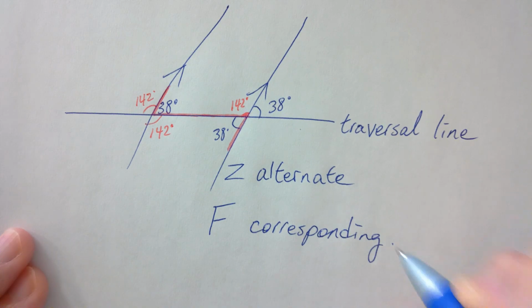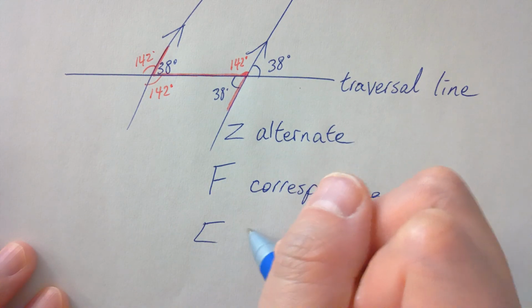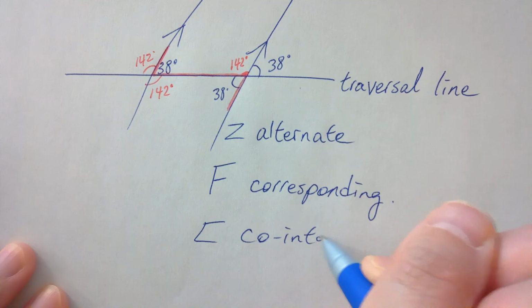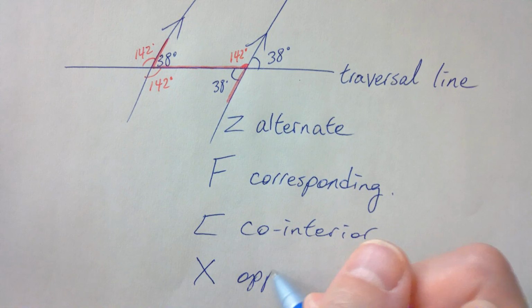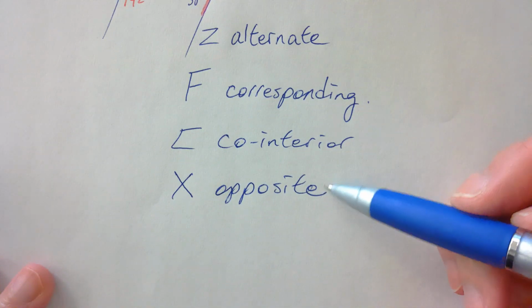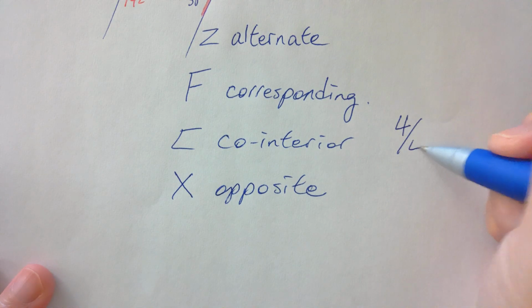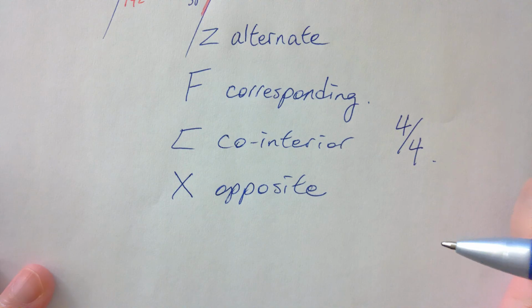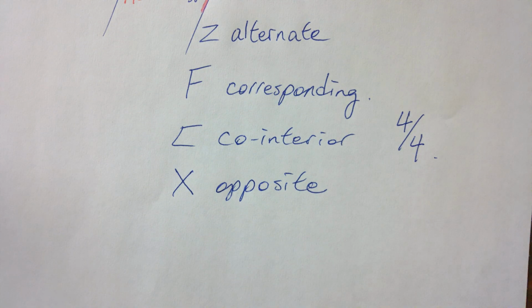Good job. What's the other one? Co-interior. Good. And then the X, opposite. Any math involved in these four? If I give it to you on the test, it should be an easy 4 out of 4. No math involved, no calculation. It was just memorizing the spelling.